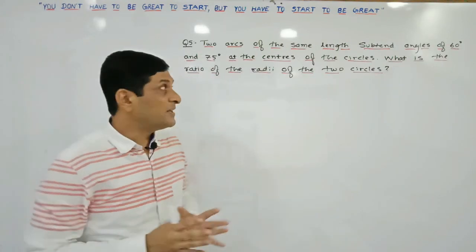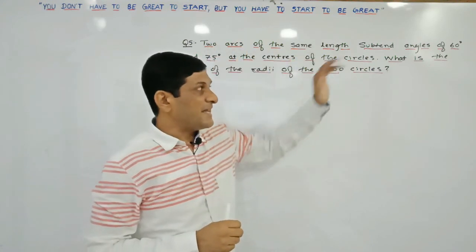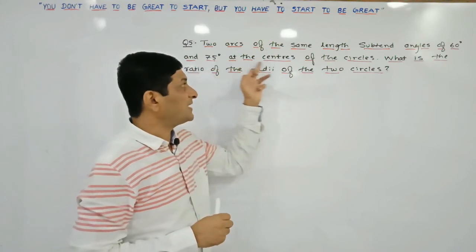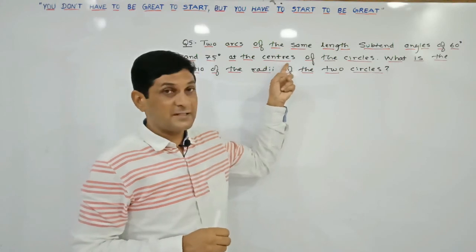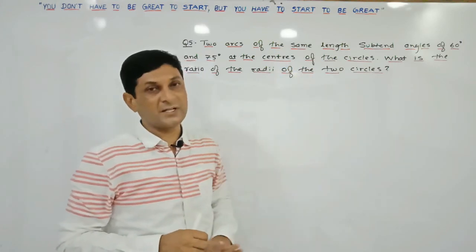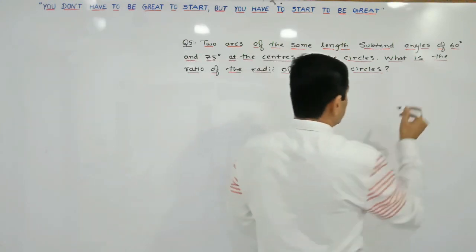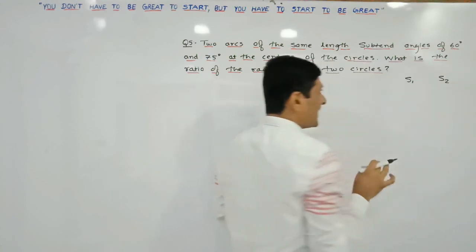In example number 5, two arcs of the same length subtend angles of 60 degrees and 75 degrees at the centers of the circles. Here two circles are given to us. Let us denote the arc of the first circle by S1 and the arc of the second circle by S2.